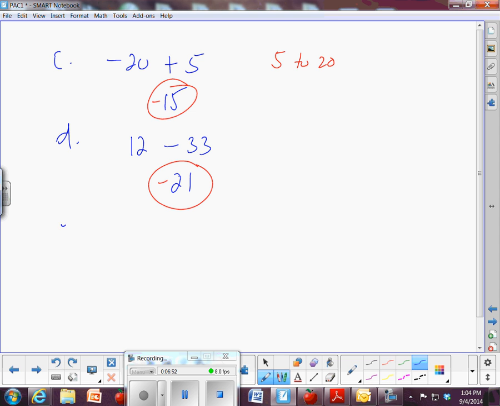Let's do another one. And this is the way these will go, and it's the way they turn out. How about this? Negative 10 plus 47. Ooh, tough one, right? No. Start at 10 and count up to 47. So 10 more is 20, 30, 40.